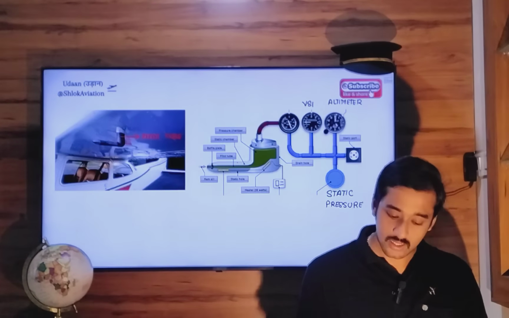The third pressure instrument, the airspeed indicator, works on both static pressure and pitot pressure. So what does the pitot tube measure? First things first, the pitot tube is only related to the airspeed indicator.